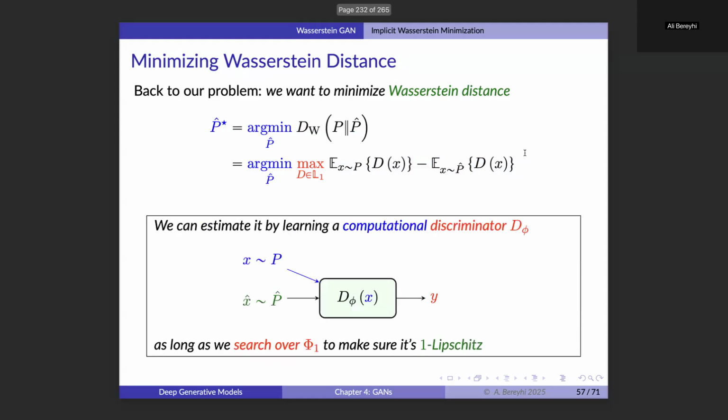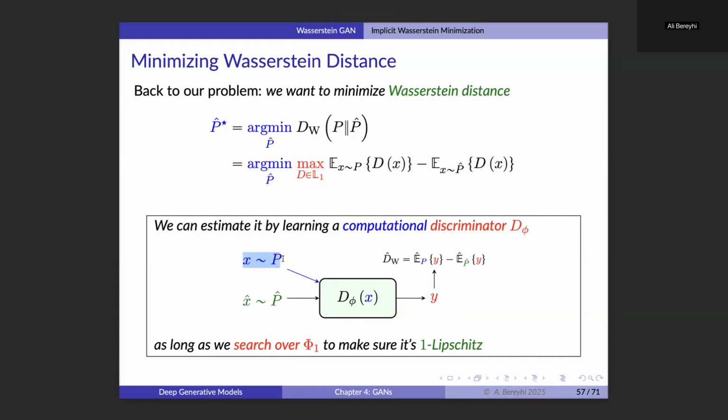So I can eventually estimate my Wasserstein distance using one neural network D. And what does this neural network D need? It needs samples from data, and samples from the outputs of my generator, right? So X should go here, X should go here, and then I compute out of it the Wasserstein distance. So this guy is going to give me the Wasserstein distance.